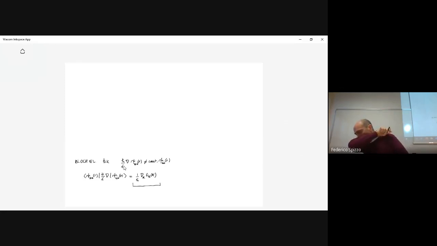Another comment that I wanted to add before going on is related to the fact that, thanks to Bloch's theorem, we can find a solution to the Hamiltonian H, which includes both the kinetic contribution and the potential contribution.